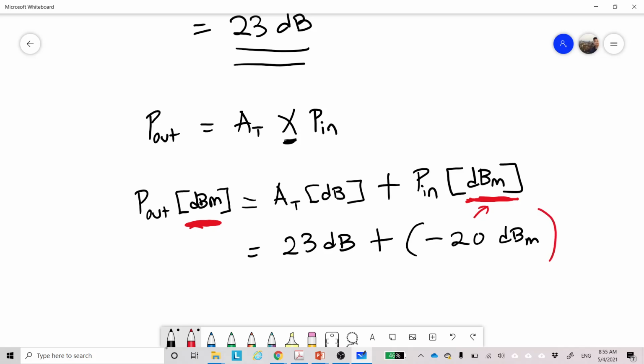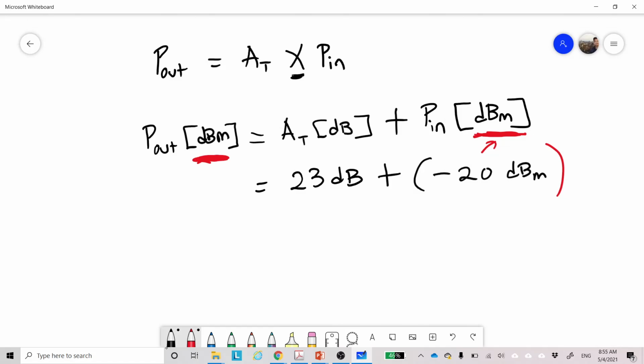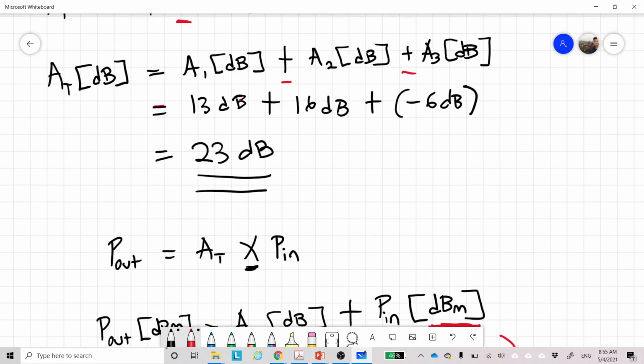In this case you can just subtract, no problem. 23 minus 20, so you will get 3 dBm. Okay, so this is the first one.